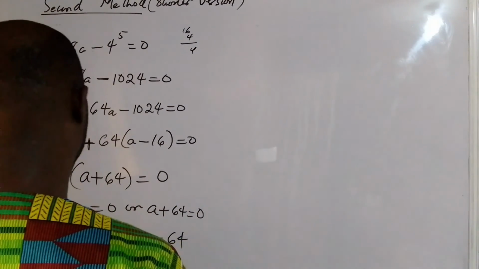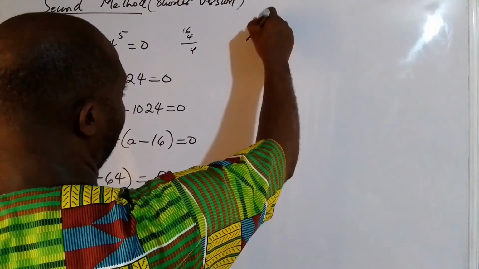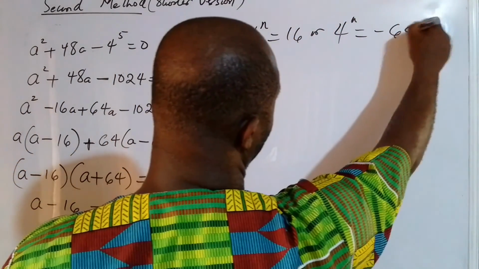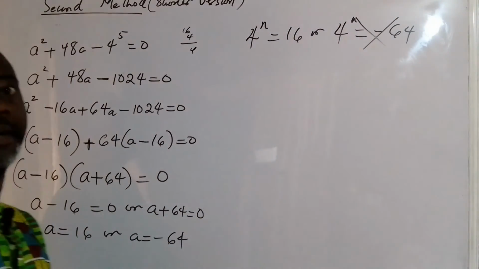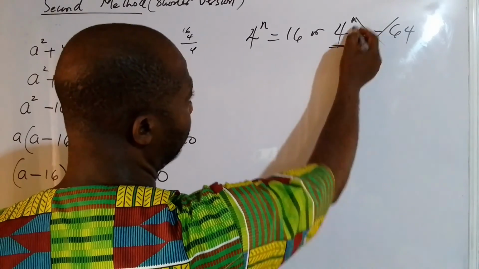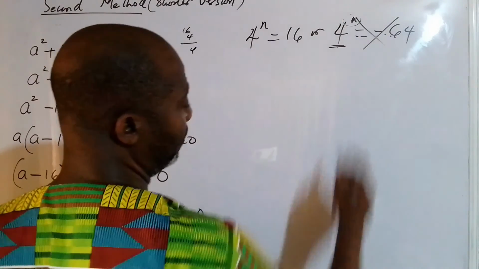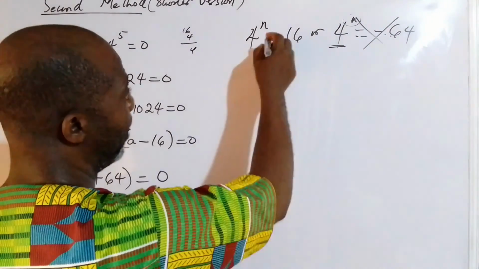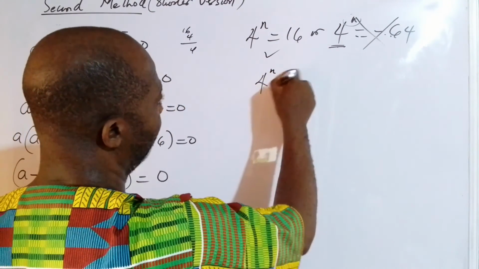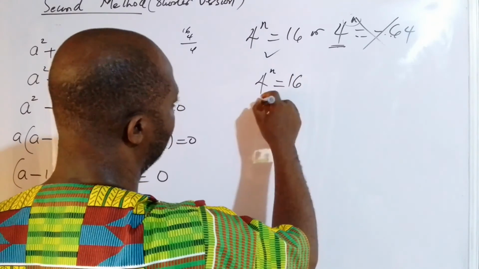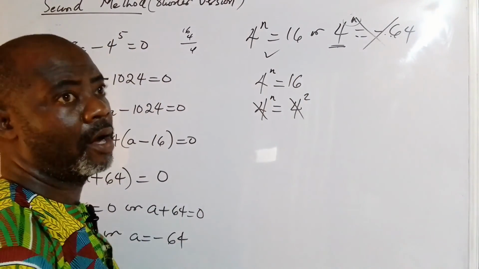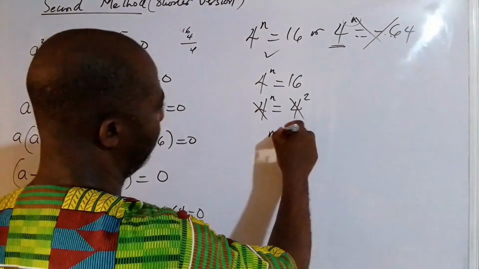So we have 4 to the power of n equal to 16, or 4 to the power of n equal to minus 64. This cannot be, because 4 to the power of any number cannot be negative. So we reject this and stick with 4 to the power of n equal to 16. So 4 to the power of n equals 4 to the power of 2. By the common base law, n will be 2.